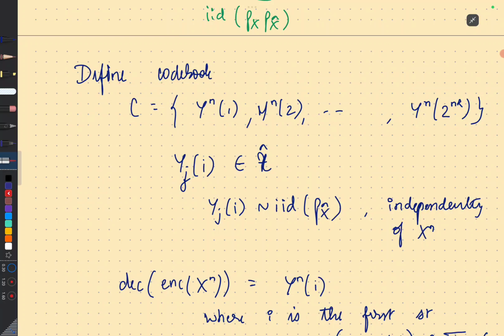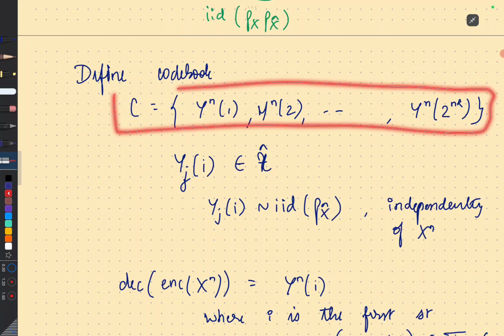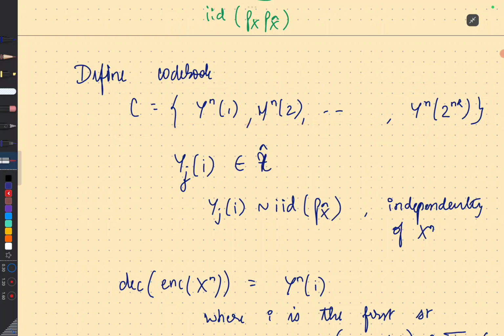So think of it as a transmitter and a receiver, separately spaced apart. The transmitter or the encoder has access to this entire code book. The decoder also has access to this entire code book, even before you see the first source sequence. And then maybe you have multiple source sequences that you want to encode using this particular code book.